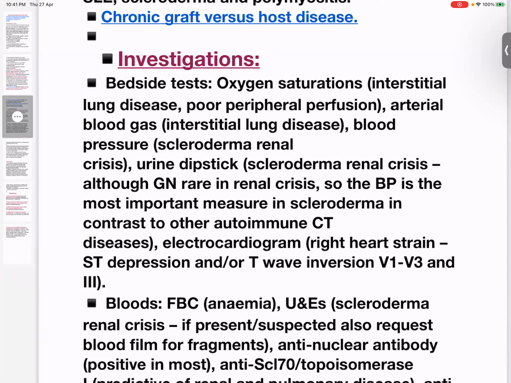So these are the most important complications: GIT complications, chest complications in the form of pulmonary fibrosis, interstitial lung disease, pulmonary hypertension, and cor pulmonale. Please memorize this sequence, because these are the most important complications of scleroderma.